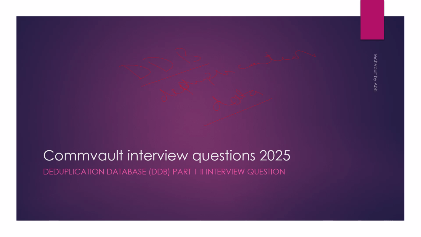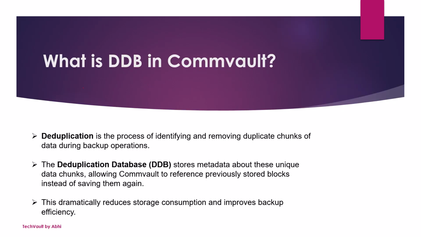At first, deduplication database. It stands for deduplication database. If you break this word, it is about removing duplicates. That means it removes the duplicate data, duplicate chunks, duplicate blocks during the backup operation.